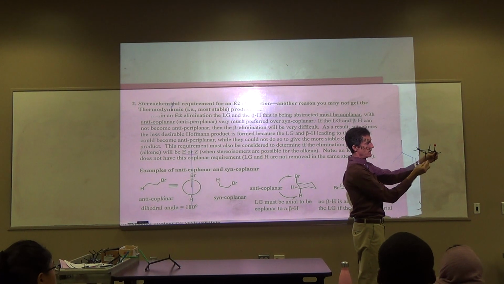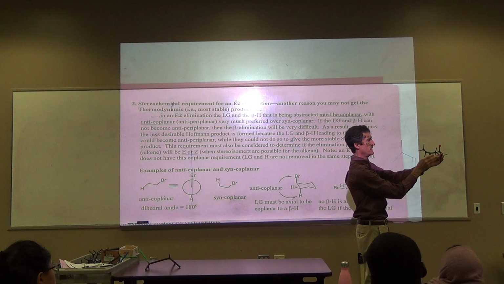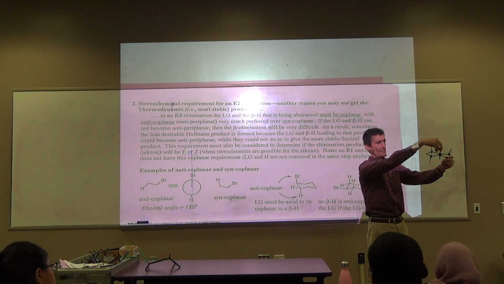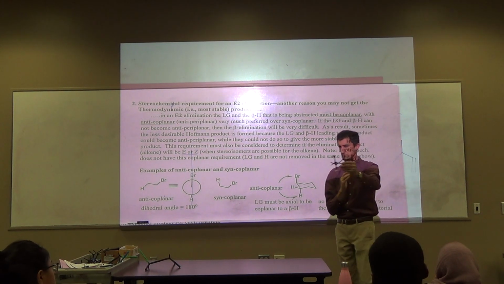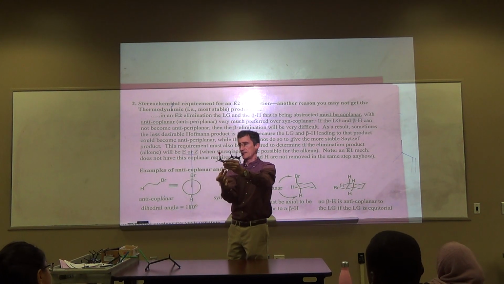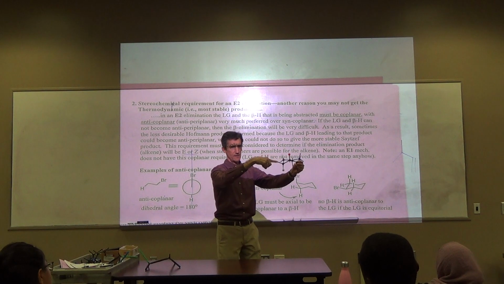The bottom one. It's only that one. This one is sticking out like this. Look at it here. See the plane? That one's up and this one's down. There's the plane. Bromine's up. This H is down.